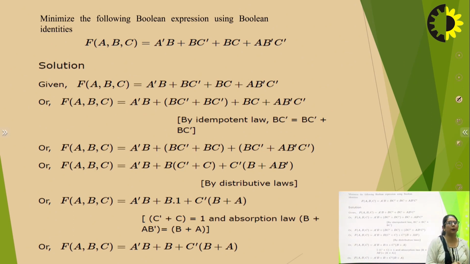So here, if we apply c plus c bar with the unit property, we simply write 1, then c bar with the inner bracket b plus a. Now, what do we need to simplify? We need to apply absorption as well, because we know a plus ab bar, we write as a plus b by taking common, right? So here, by using the absorption law, it says a bar b plus c bar (b plus a).